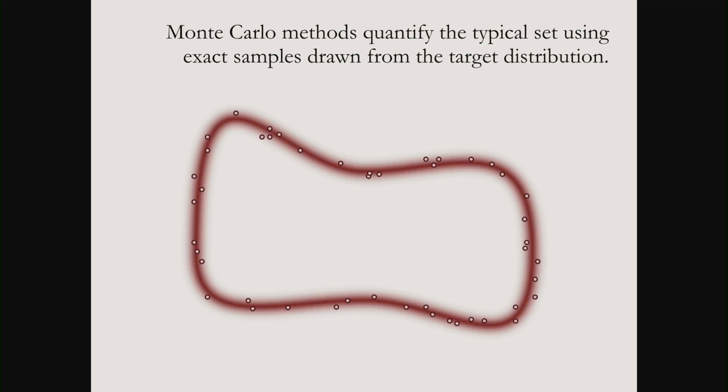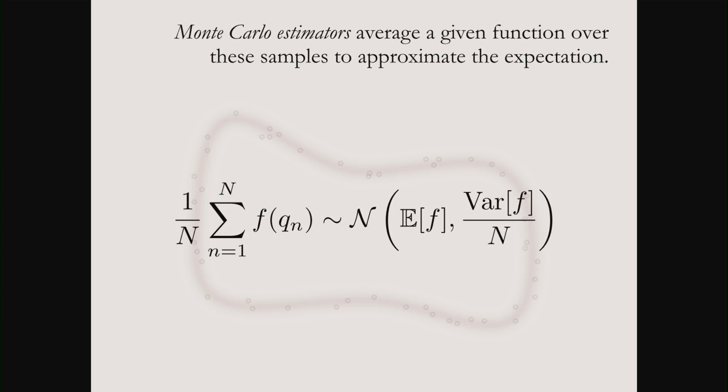And now I can approximate integrating over the typical set by integrating over the samples that I've drawn. And so if I want to compute the expectation of some function f, I literally just average it over these samples. You can think about these samples as a stochastic quadrature grid, only one that dynamically adapts to the problem at hand.